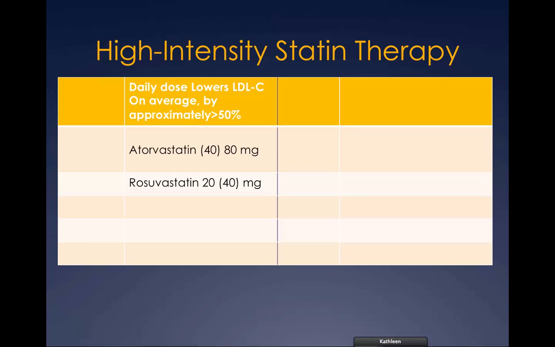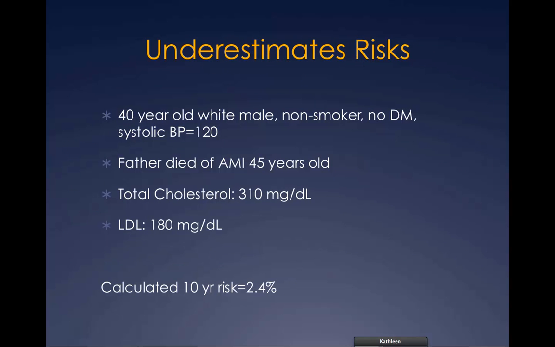Also, before, we used the Framingham risk score, which had always been the standard. Now we're using the cardiovascular risk calculator. You can download that on your Apple or your Android.